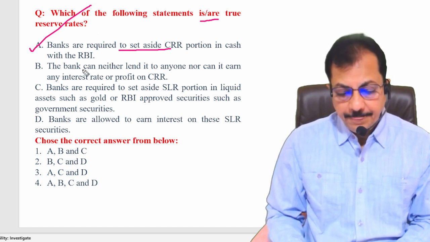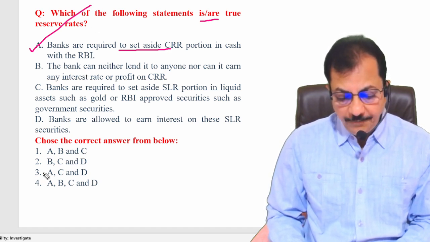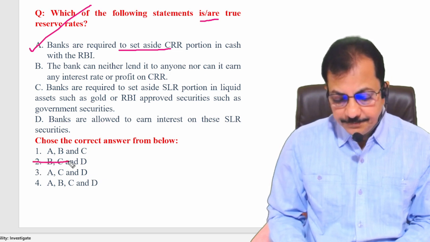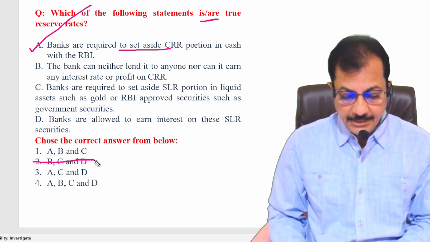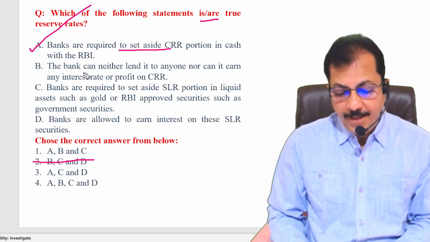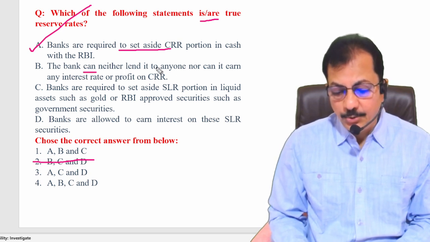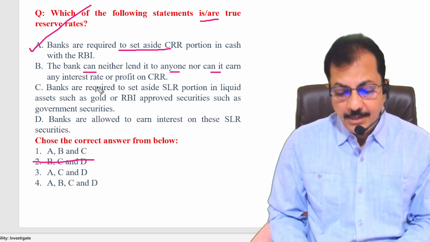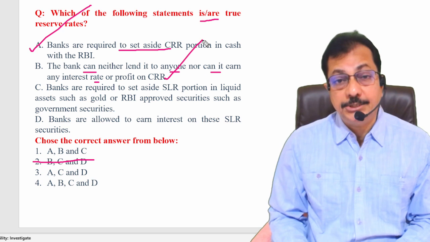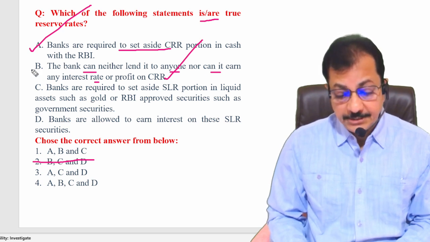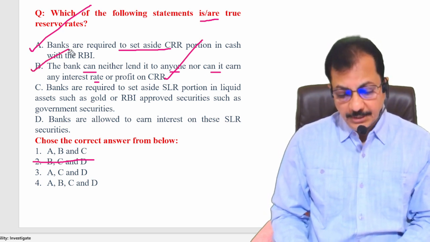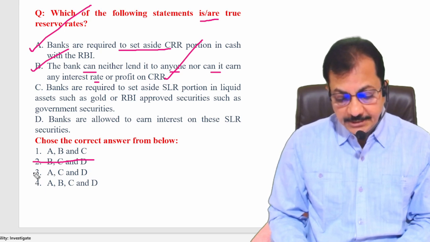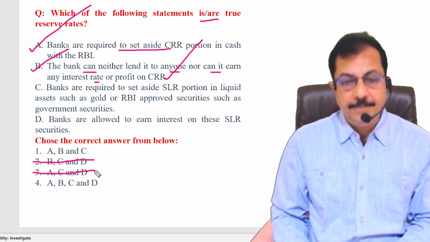Statement B: the bank can neither lend it to anyone nor earn any interest or profit on CRR. Do you agree with this? Yes, right. Just now we have understood this statement is also correct. Is that okay? So obviously this is not my answer.